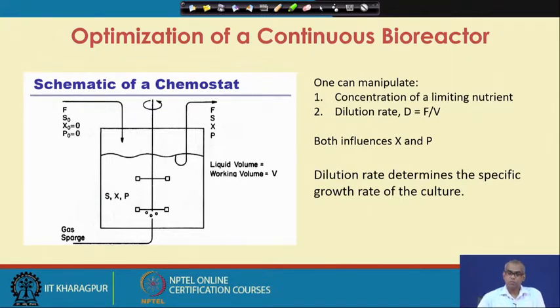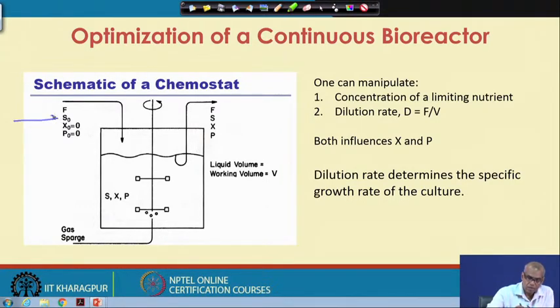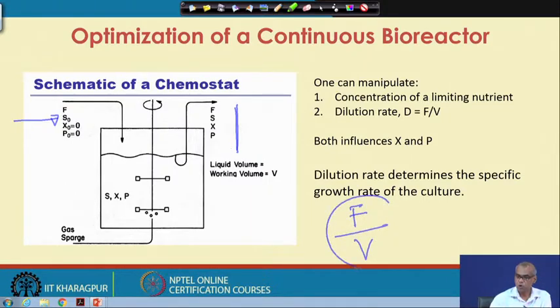So, one can manipulate the concentration of the limiting nutrient in the feed stream. S0 one can manipulate to influence the outcome of this bioreactor. One can also manipulate the flow rate, or more specifically a quantity called dilution rate, which is the flow rate divided by the volume of the reactor.